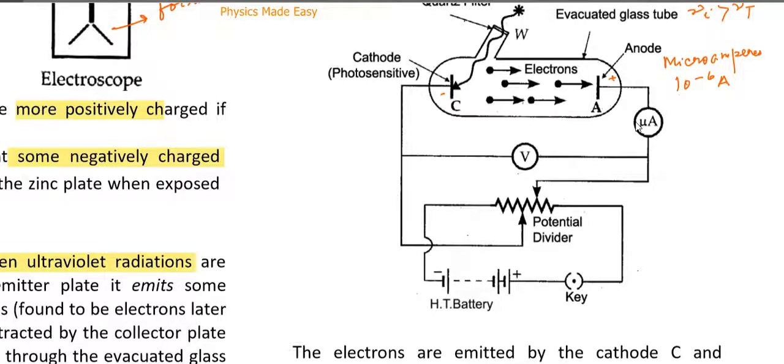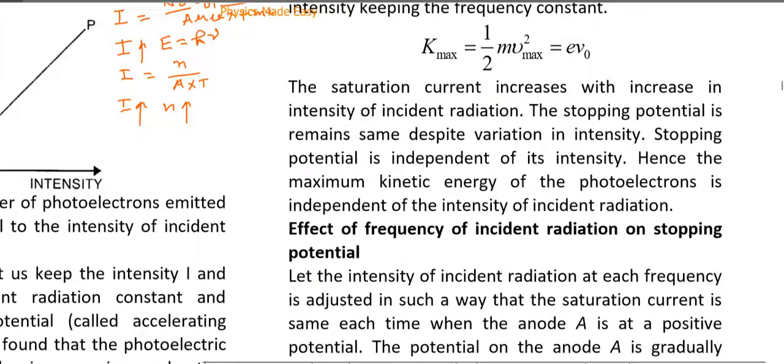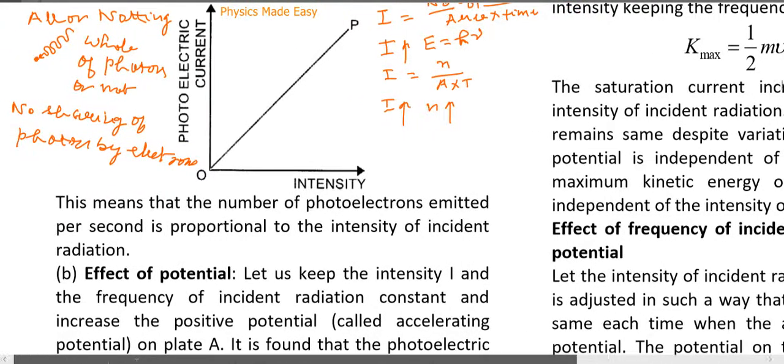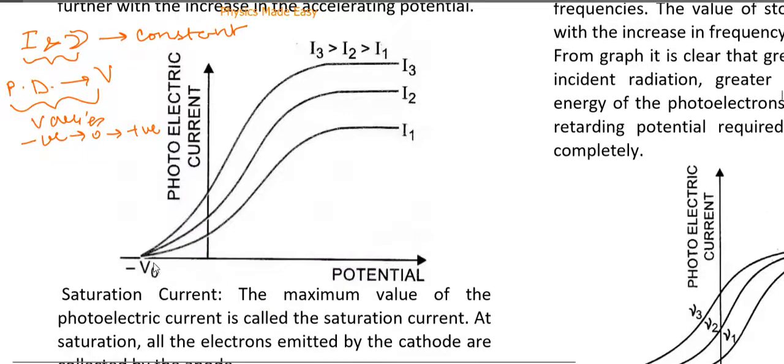Now let us see what is given in the graph corresponding to it. So this is the graph. Note it down. This is the stopping potential. This is the potential at which the photocurrent is zero, or in other words, even the fastest moving electron fails to reach the anode.